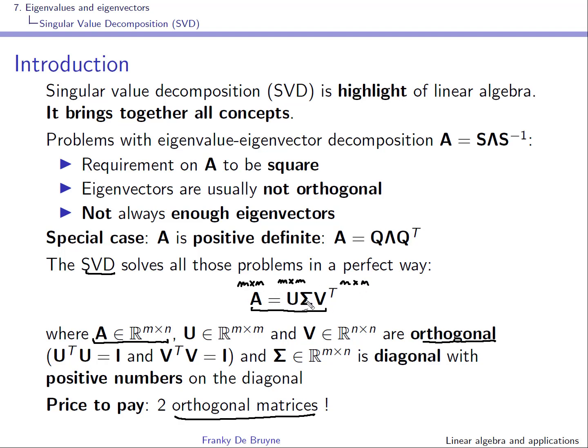Since these matrices are orthogonal, they need to be square, and we see immediately that sigma has dimension m times n, so it has the same dimension as A. And we will be looking for a sigma that is diagonal, with positive numbers on the diagonal, and these will be called the singular values. We'll see later what we mean with a diagonal matrix, since the matrix sigma is rectangular.